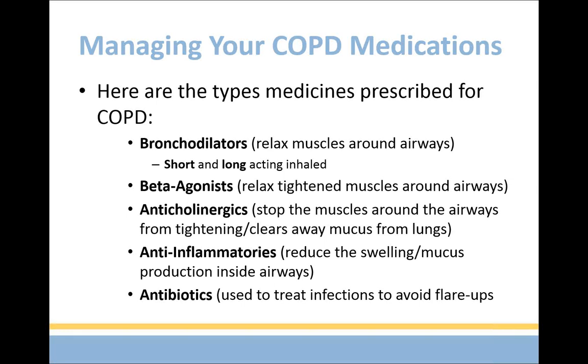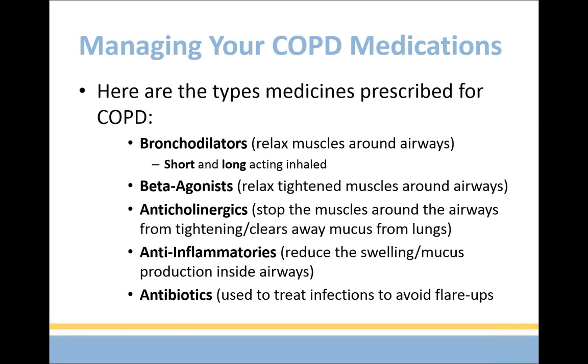There's also a classification called beta agonists, and their job is to relax the tightened muscles around the airways. Another category is known as anticholinergics. They stop the muscles around the airways from tightening, clearing away mucus from the lungs.